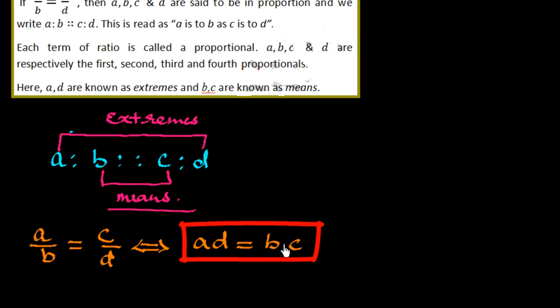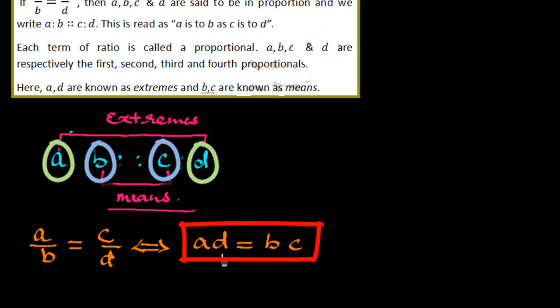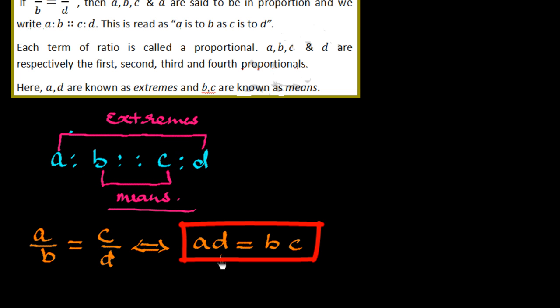So here you see the product of extremes is always equal to the product of means. So this is the important rule of proportion. The product of extremes is always equal to the product of means.